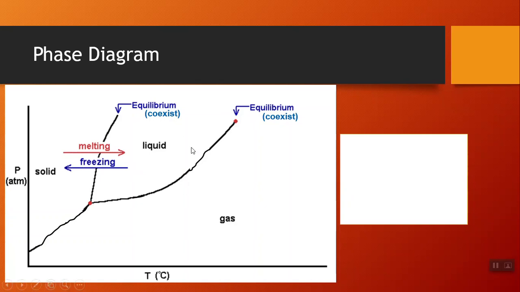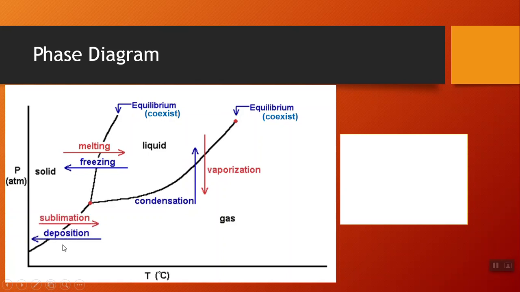If we have a liquid and we maybe increase the temperature or even lower the pressure, we get vaporization, and on the opposite, we get condensation. Now the two phase changes that we actually have not talked about is when a substance goes from solid directly to gas or a gas directly to solid. So a solid directly to gas is called sublimation, and a gas directly to solid is deposition.